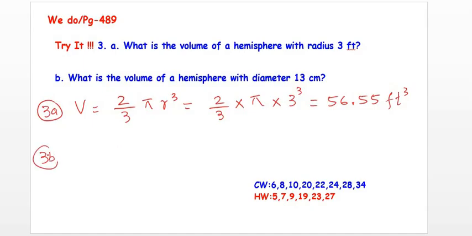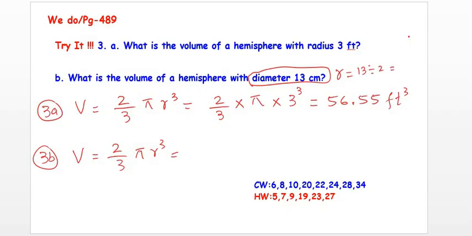So the same question, we have to find the volume. I'll write the same formula. Now what is the radius? We are not given the radius. It's the diameter, right? So it's very simple. Simply divide 13 by 2. It will give you the radius, because radius is always half of the diameter. So it's going to be 6.5. So let's substitute the values here.